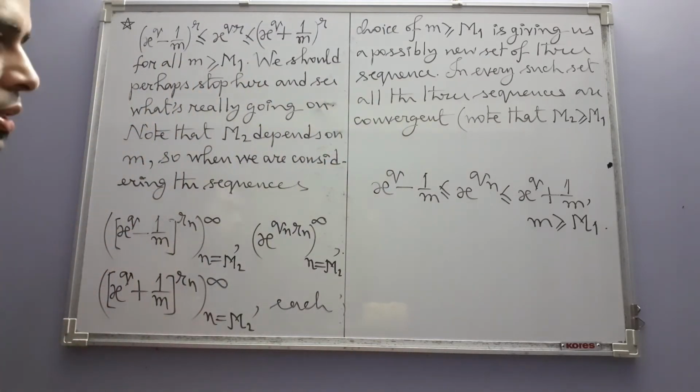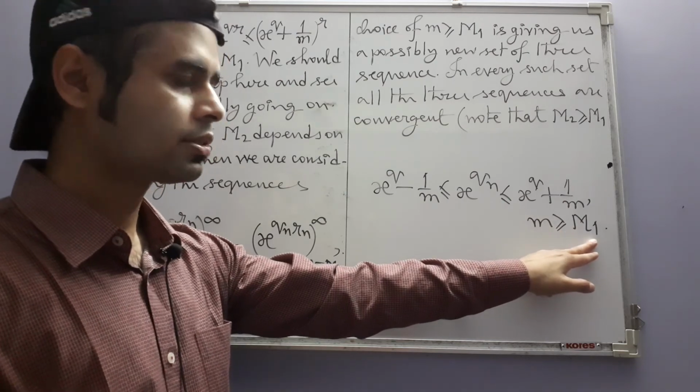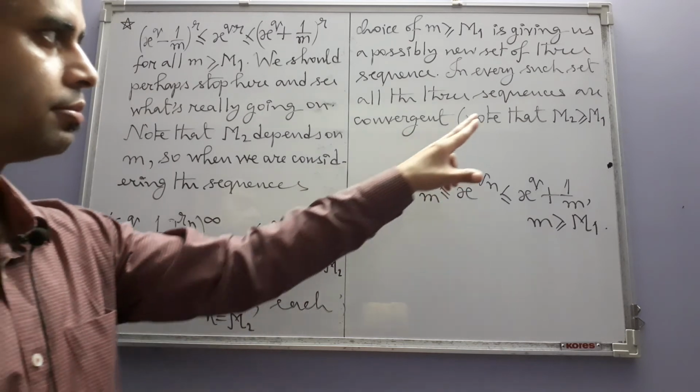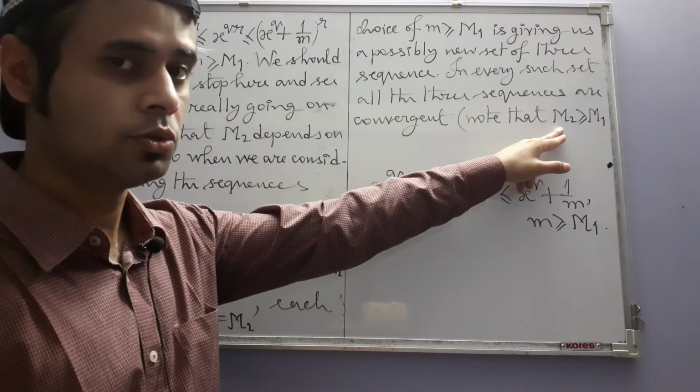For these inequalities, m of course starts from m1, but the n that we are choosing, that is then starting from m2.